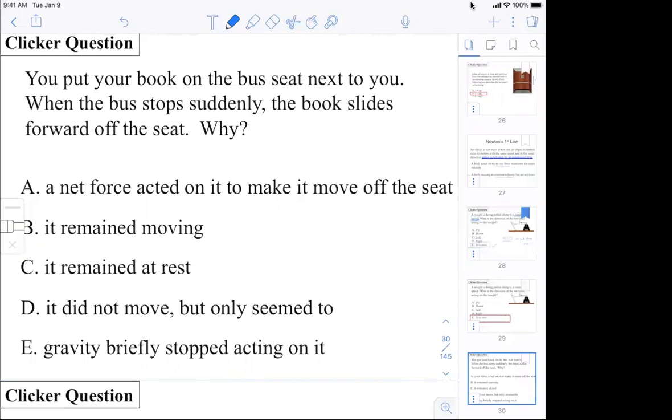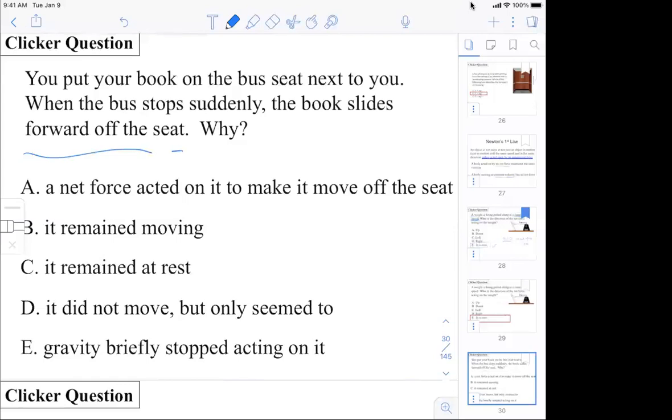So in this case, the brakes make the bus change its motion. The bus decelerated, but the book didn't, right? The force hasn't acted on the book yet, or your seatbelt has not acted a force on yourself yet. So you're simply going to remain at that same speed unless the force takes effect. So why would the book slide off? It's simply maintaining its original velocity, because the brake is not acting on the book, it's just on the bus.